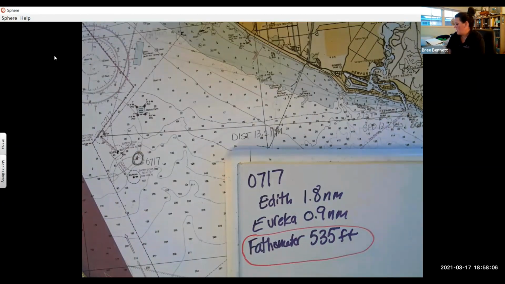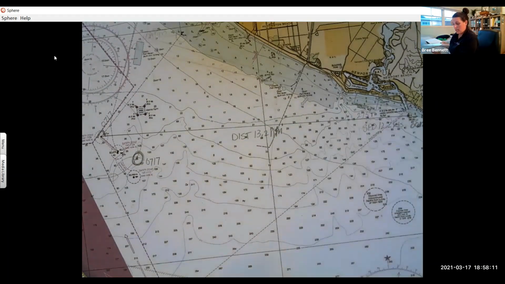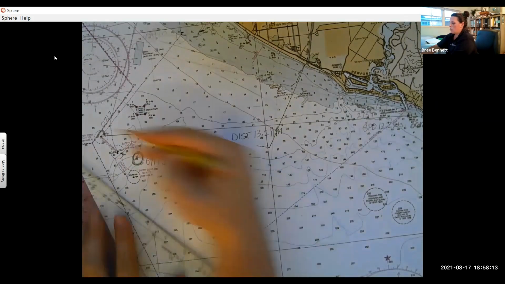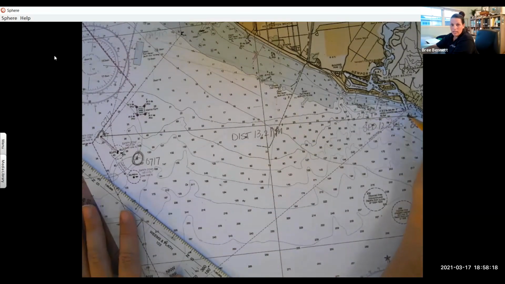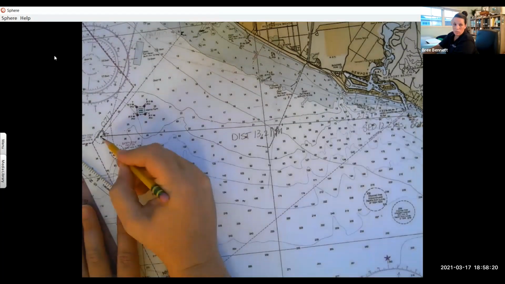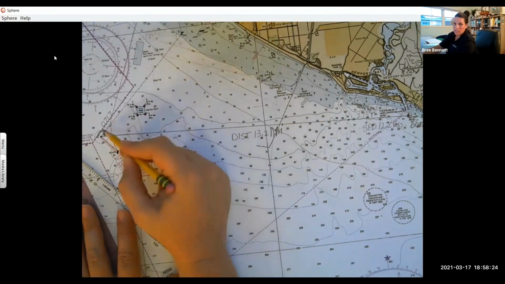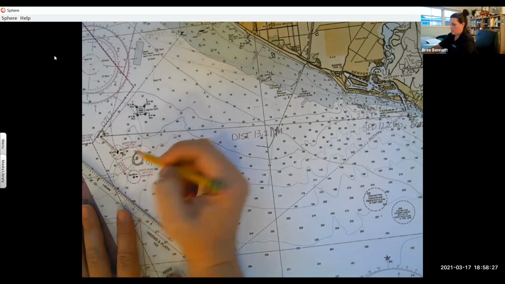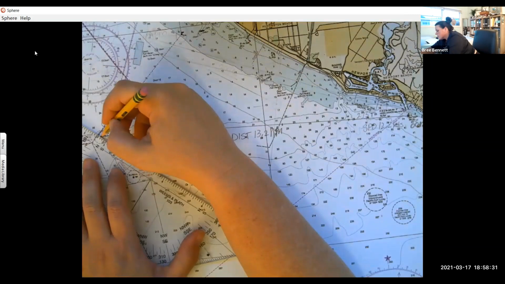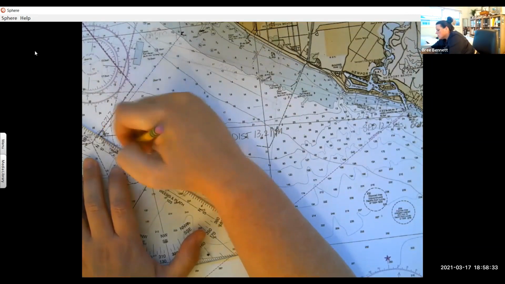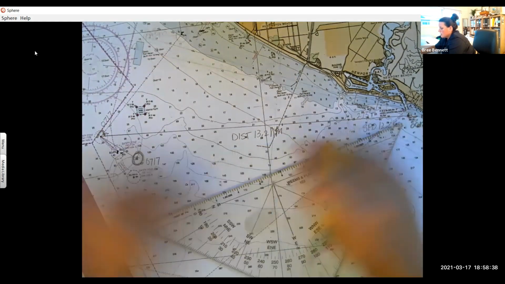So now, in order to answer the remaining questions, I'm going to complete my triangle. So our triangle has the starting point, where we thought we were headed, where we actually were. And this works because these are the same times. So I'm just going to connect my dots here. Here's a longer line.